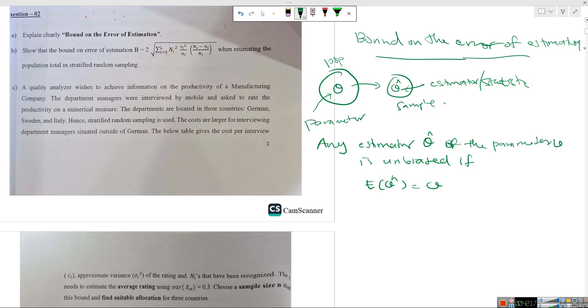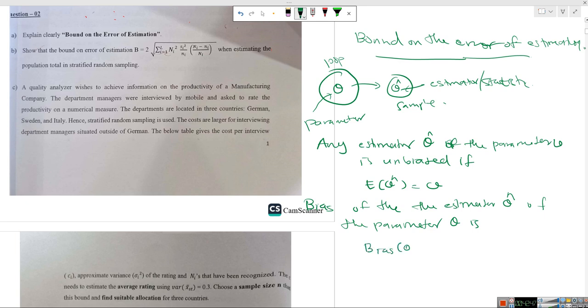Now the bias of an estimated theta hat of the parameter theta, this is how you have to write down the answer.